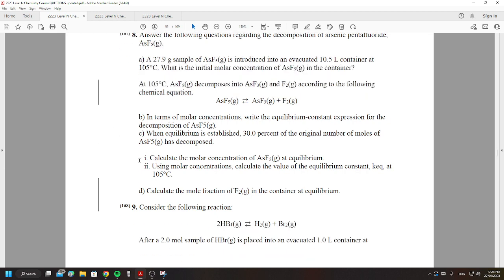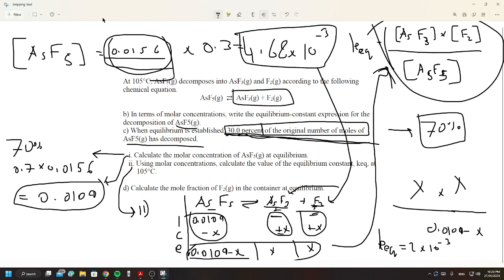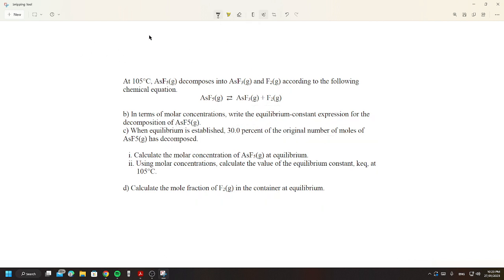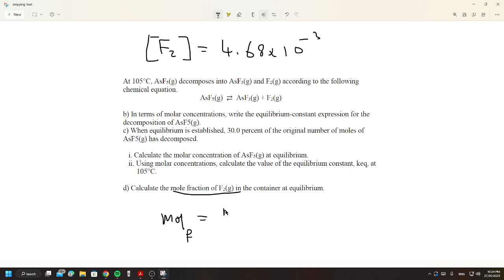Calculate the mole fraction of F2 in the container at equilibrium. Okay, so now we know the formula for mole fraction is number of moles over number of total moles, or partial pressure.